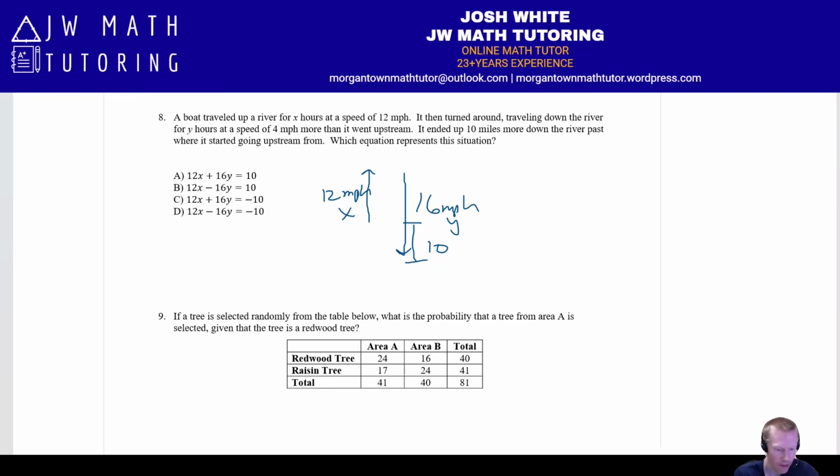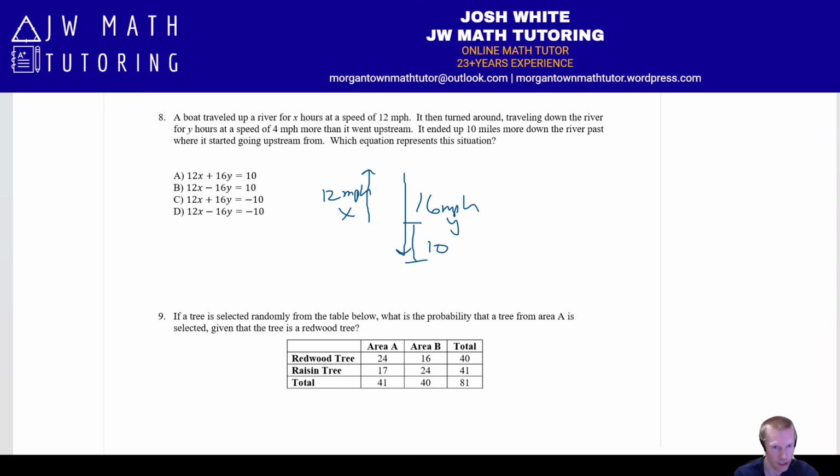So here's the thing. The x and y, those represent times, which are always positive. Time is never negative. So if you go to plug in values here, just pick whatever numbers, it doesn't really matter. But if you plug in positive numbers, say for A, 12 times 1 plus 16 times 1.